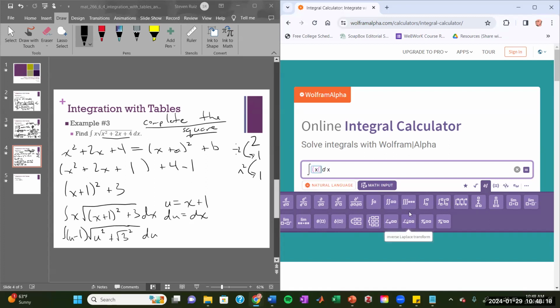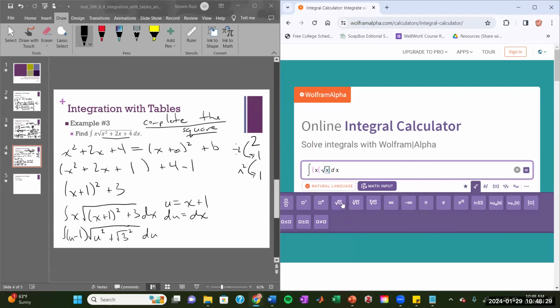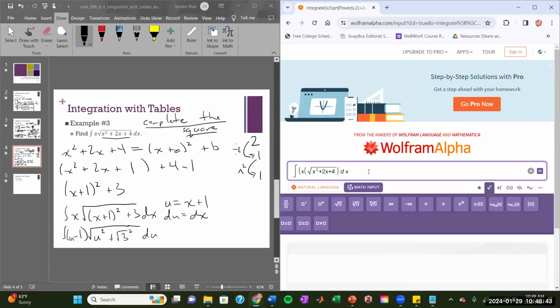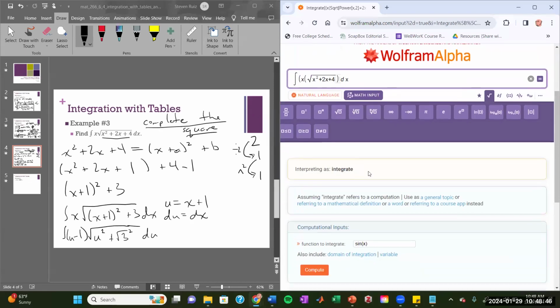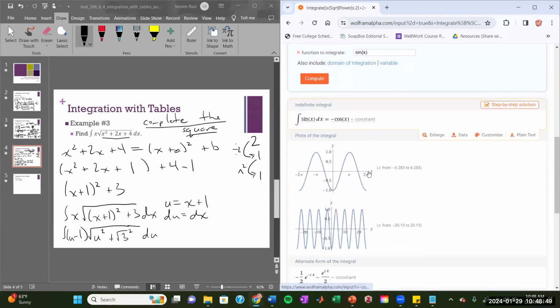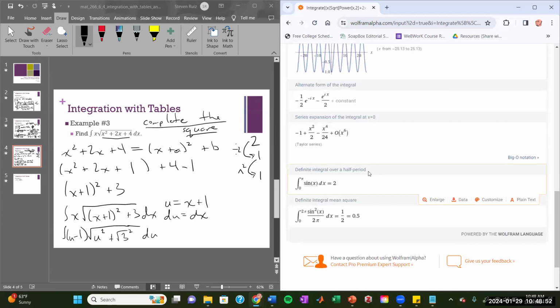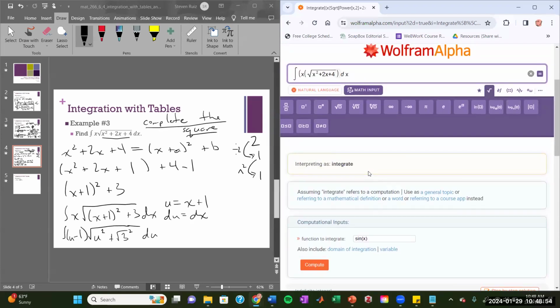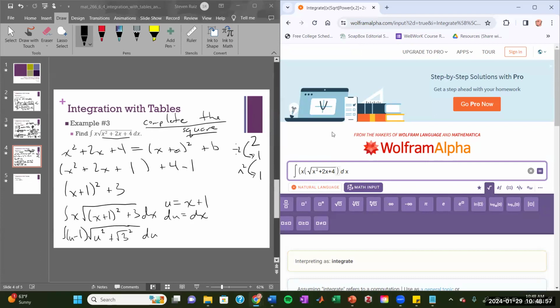Let's do the same SQRT. Can't do it that way, but just tap to the left. Yeah. Oh, thank you. So x times the square root of x squared plus 2x plus 4. All right, is that finally correct? Not a good sales pitch for this thing.